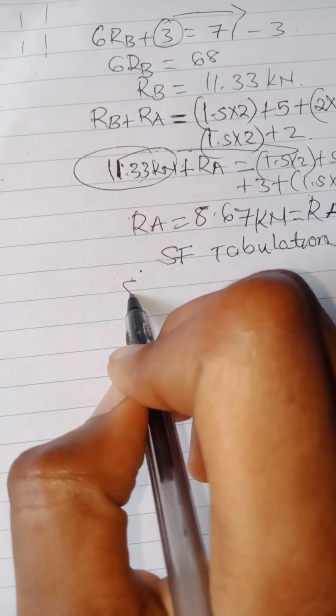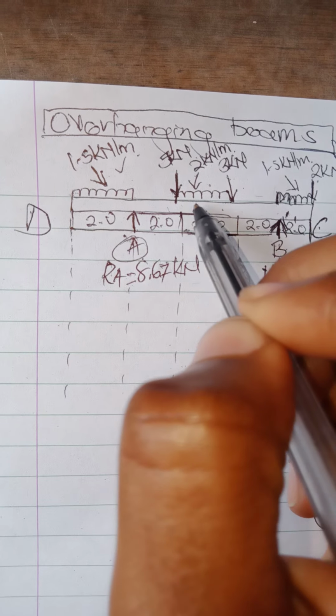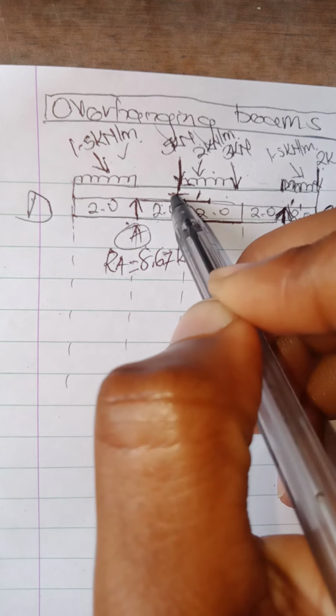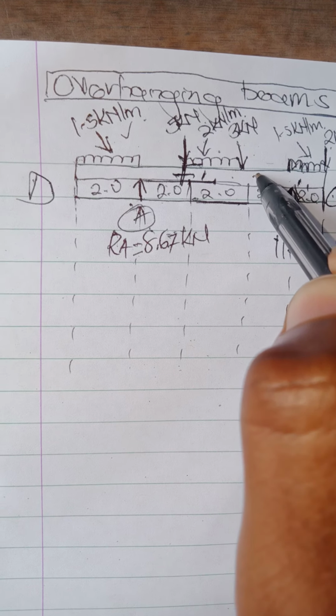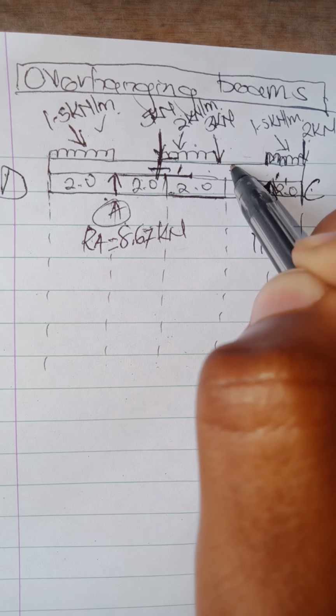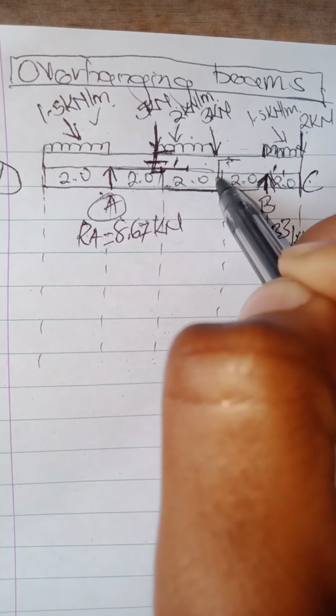A is C, then we have D on the far end, then F, then G. Then we have D, E, then F.